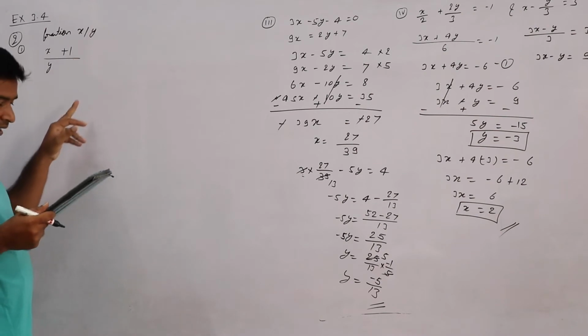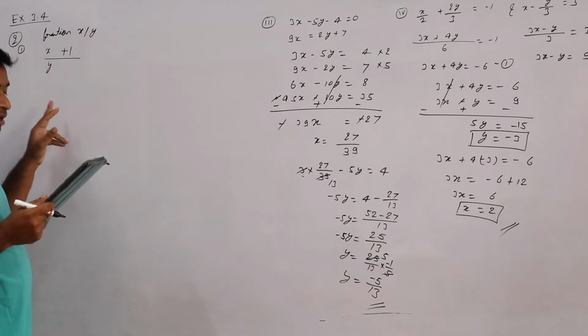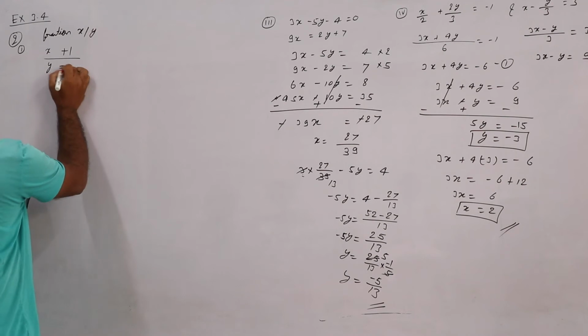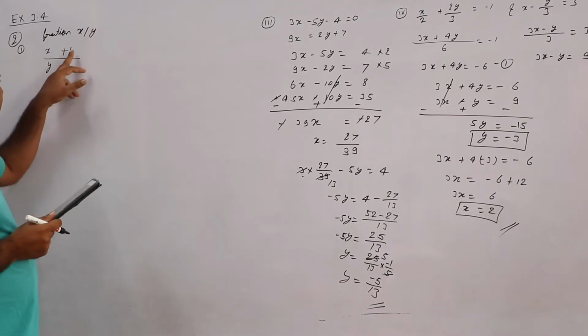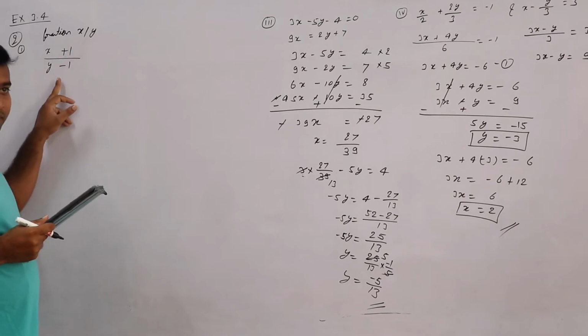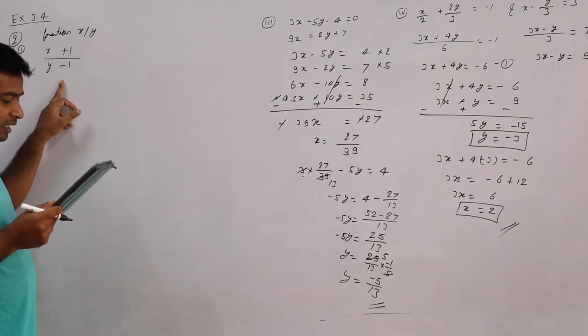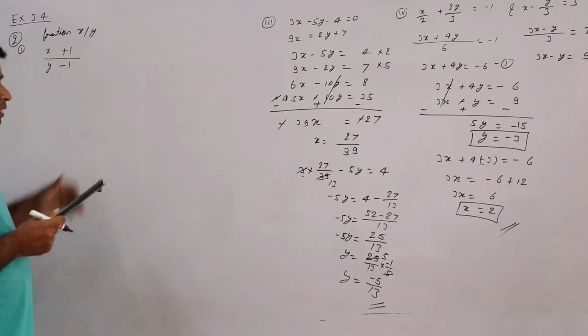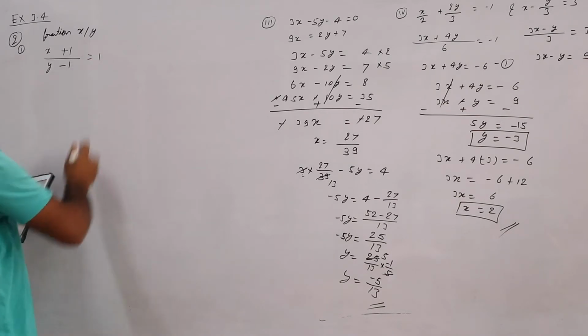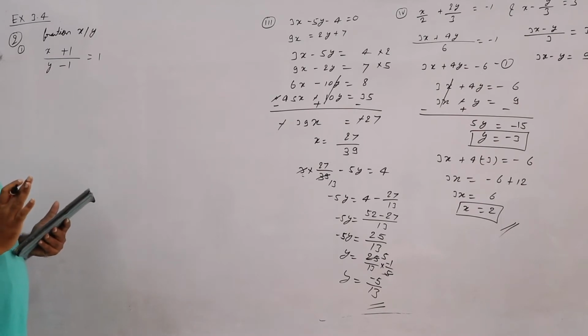True or not? Next saying and subtract 1 from the denominator. So denominator subtracted 1. What they are saying, that only we are doing, right? A fraction reduced to 1 means this becomes equal to 1. Clear? Okay? Yes or no?